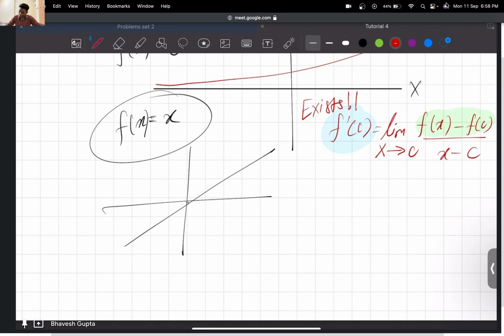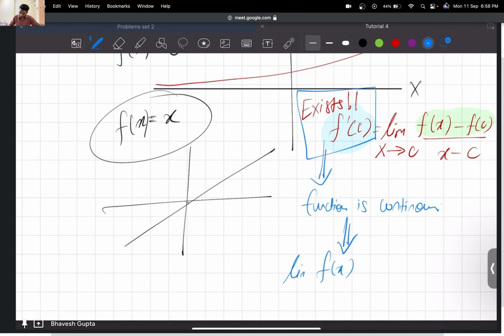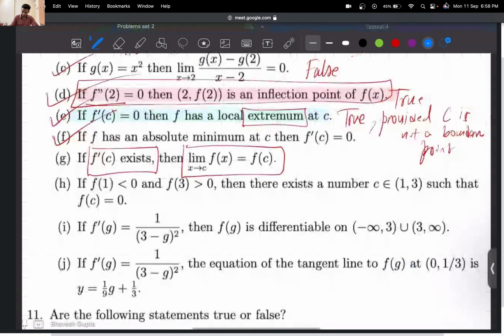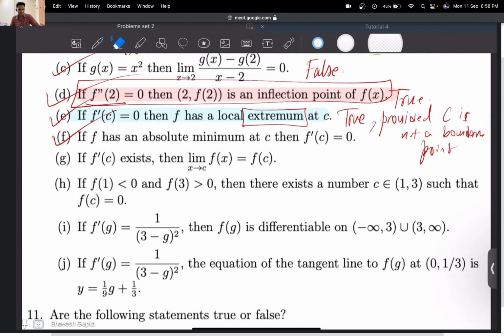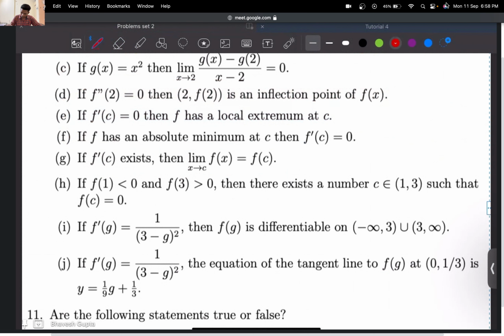Because the idea is that the existence of this derivative means the function is continuous, and if the function is continuous, that means if you calculate a limit at that point, that has to be equal to this. That's what continuity tells you, right? So that's the idea behind it. It basically tests your knowledge that if the derivative exists, definitely the function is continuous. So this question is also done.